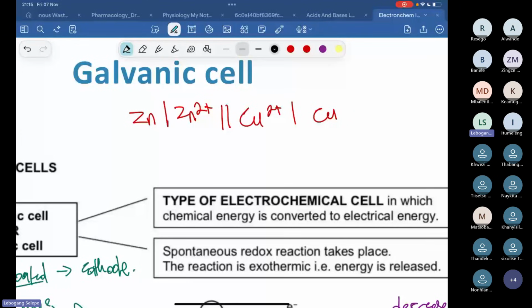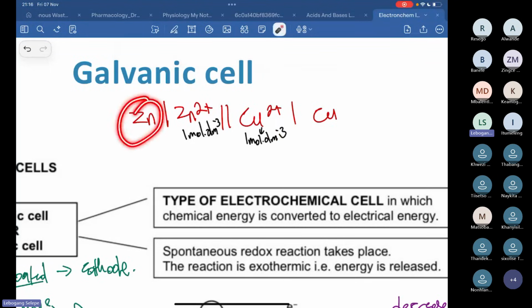It only applies to substances that are in aqueous solution. So this substance has concentration, so I'm going to show that its concentration is 1 mole per dm cubed. This substance also has concentration, 1 mole per dm cubed. But if you go on to say that the concentration of Zn, which is a solid, is 1 mole per dm cubed, they're going to mark you down because Zn does not have concentration.